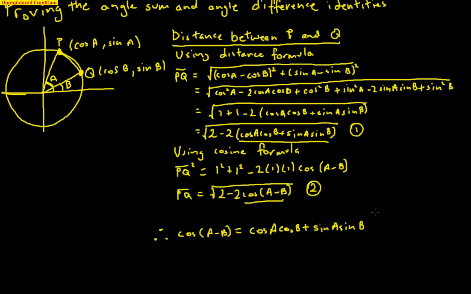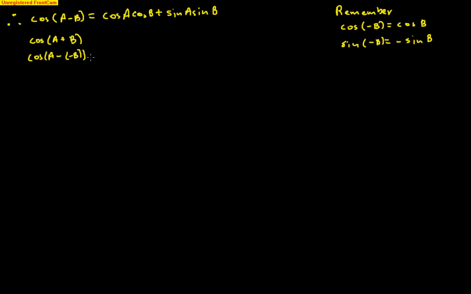Now, just going to scroll up for a second and start our proof for the sum of two angles. So we're looking at the sum of two angles inside the cos function. What I'm going to do is make A plus B look a lot like something that we already know, A take B, which we just showed.